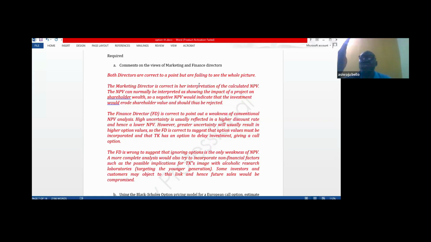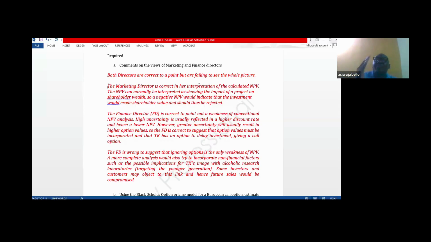The marketing director is correct in her interpretation of the calculated net present value. The net present value can normally be interpreted as showing the impact of a project on shareholders' wealth.